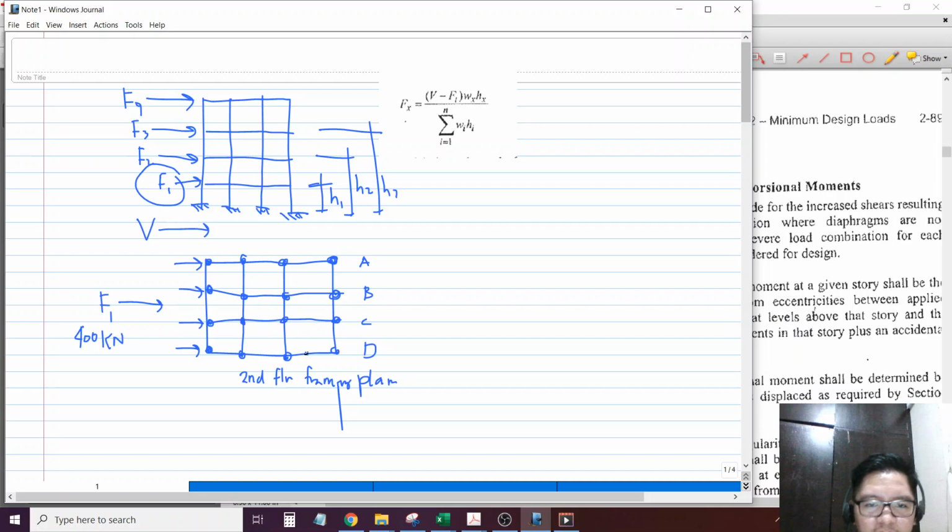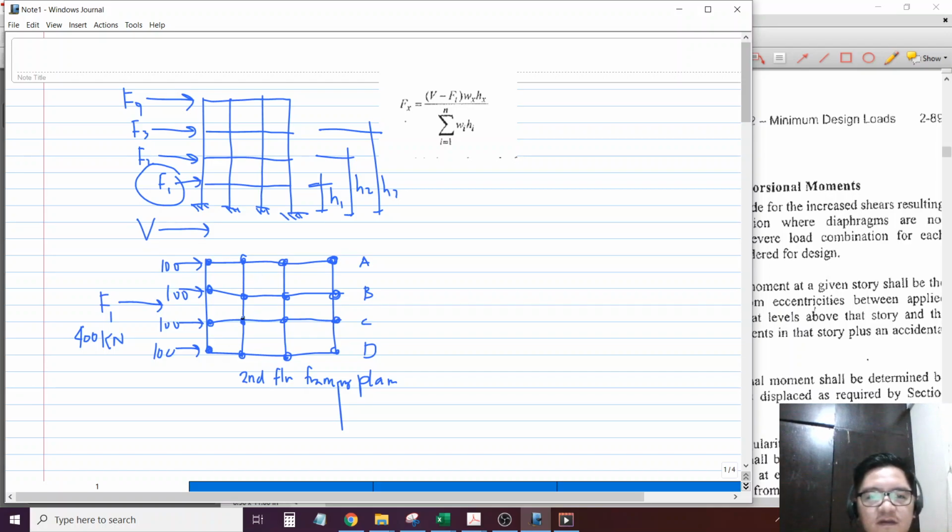Now, assuming na lahat ng frame na yan, equal yung column, suggesting na equal yung stiffness ng frame, roughly, you can just assume approximately na itong dito will be just around 100, 100, 100, 100.